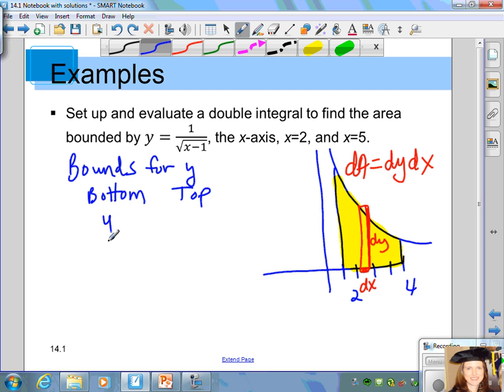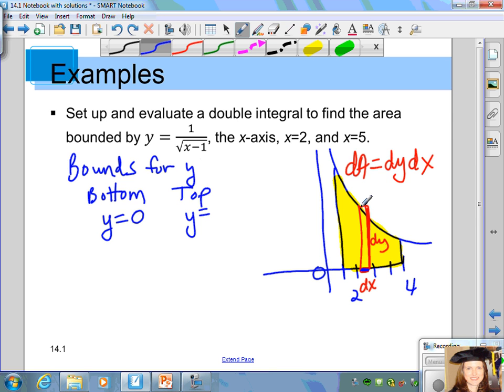Since we're looking at the bounds for y, I need a low y equals to a high y equals. On that rectangle, no matter where you slide it left and right, the bottom of that rectangle is always 0. So y equals 0 is your lower bound for your inside integral.